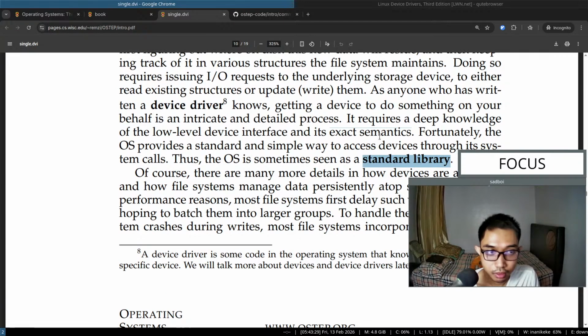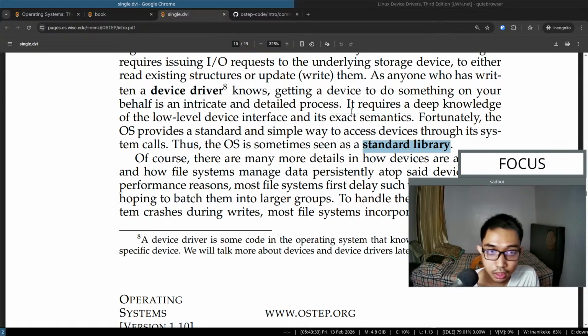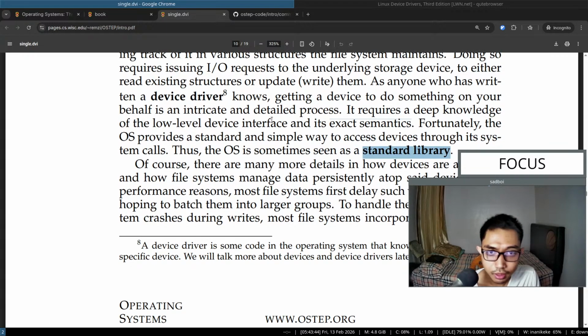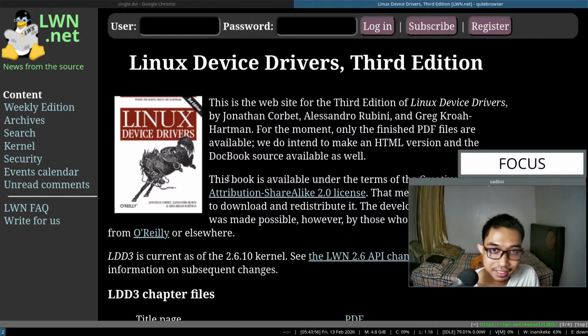Okay. Yeah, usually the library makes things easier to interact with the operating system, but again, if we want to learn how to create those libraries, or maybe the driver, right? We can take a look at this book.